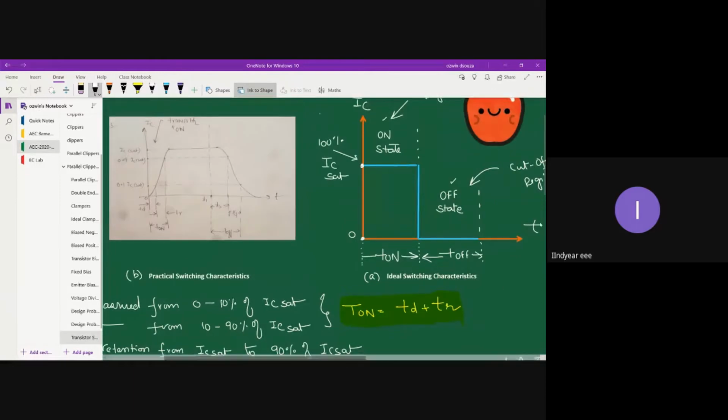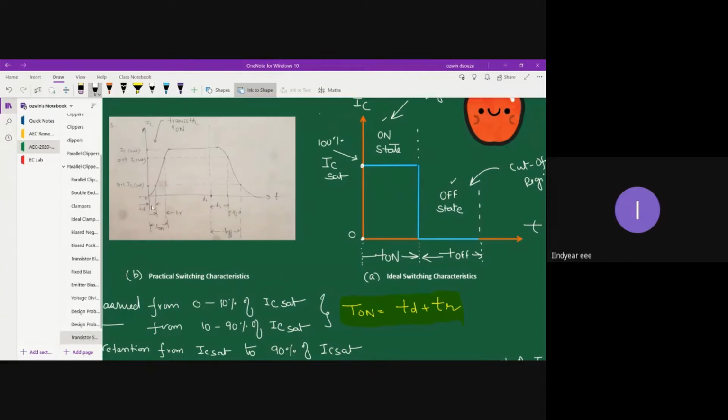Your y-axis is your collector current IC, and your x-axis is your time axis t. When the turn on is initiated at time t equal to 0, in case of ideal switch, the collector current instantly jumps to IC saturation value. That means the ideal switch doesn't exhibit any sort of delay, so the delay time in case of ideal switch is 0.